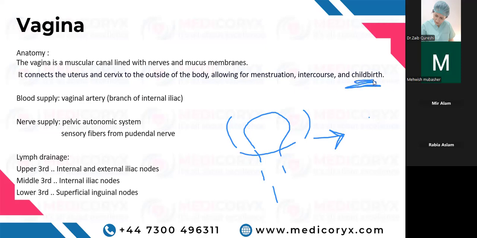Okay, childbirth. We will read the physiology of menstruation and the endocrinology of menstruation and everything, and that will also be in favor of ovulation and fertilization and again childbirth.